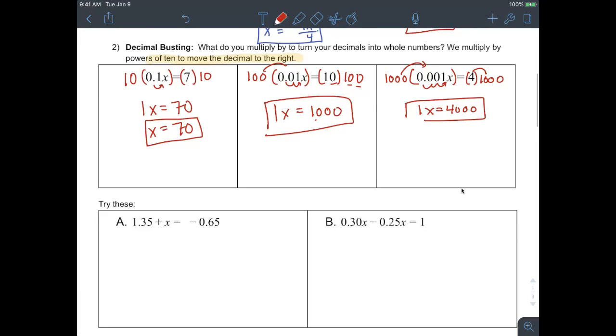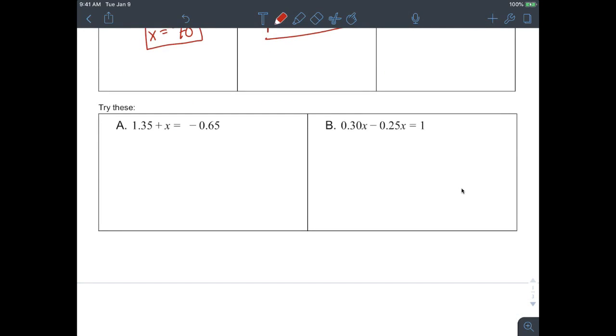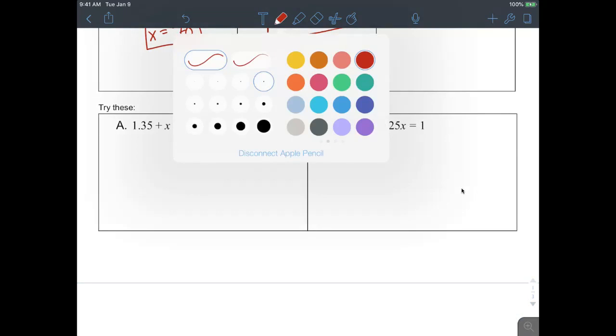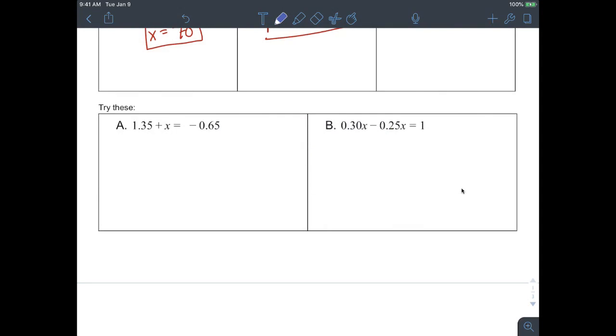Okay. We're going to try these now. So if you look at the first equation, how many decimal places do you see? What's the most number of decimal places you see? I see 2 in that decimal and 2 places in that decimal. So what do I need to multiply by to move the decimal over twice? Anything that has 2 zeros in it. So a power of 10 that has 2 zeros in it.